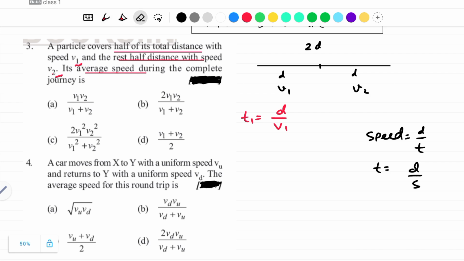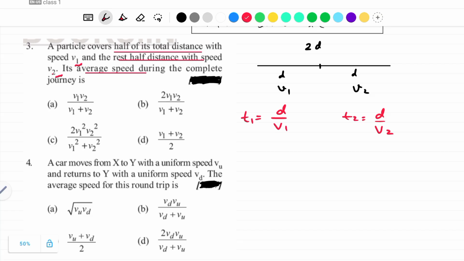In the second part, the distance is d and the speed is v2, so the time will be d over v2. This is the time we have calculated, d over v1 and d over v2.